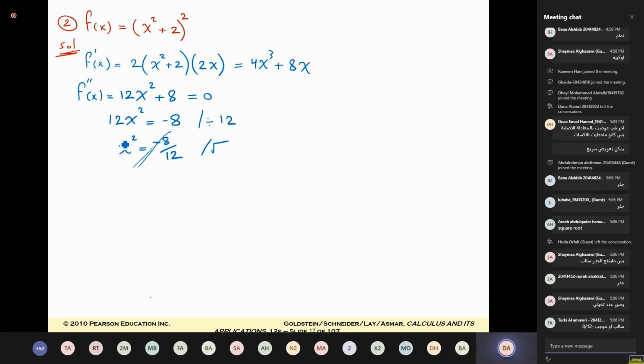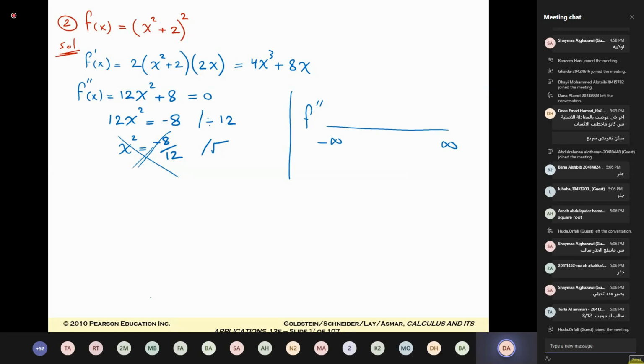So there is no critical. What does it mean there is no critical for f double prime? It means from negative infinity to infinity I don't have any critical, I don't put any, because there is no value to substitute in f double prime and f double prime equal 0. I cannot find any value of x substituting in f double prime and f double prime equal 0.